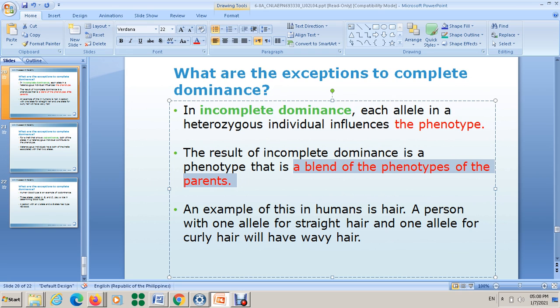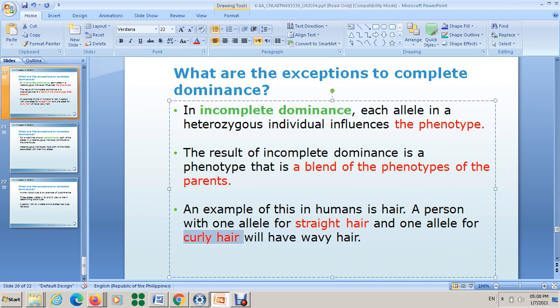I'll give you an example: human hair. For a person with one allele for straight hair, for example from your dad, and one allele that you received from your mom for curly hair, these two together, no one is dominant, no one is recessive.